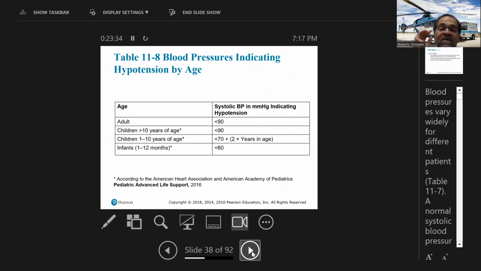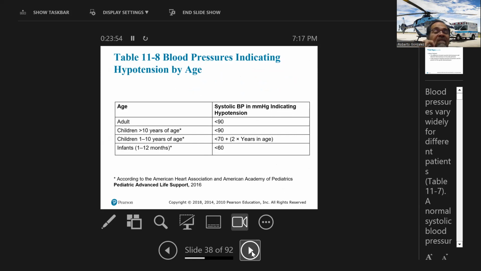Blood pressure indications of hypotension. Adults, any systolic less than 90. Children, any systolic less than 90. Now, this is where you have to get a little bit smart about this. Children 1 to 10 years of age, 70 plus 2 times the years of age.